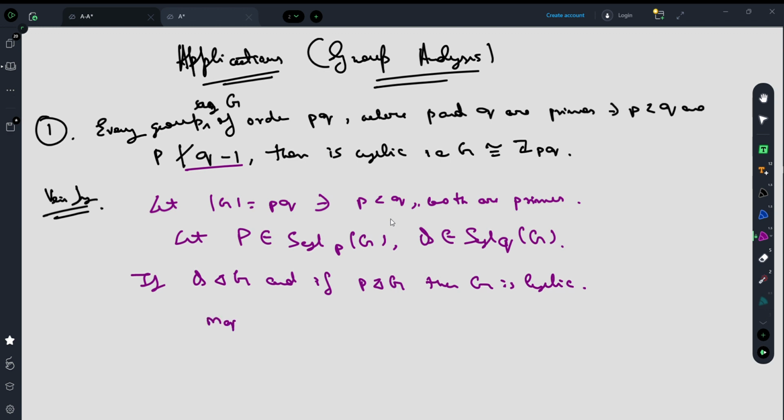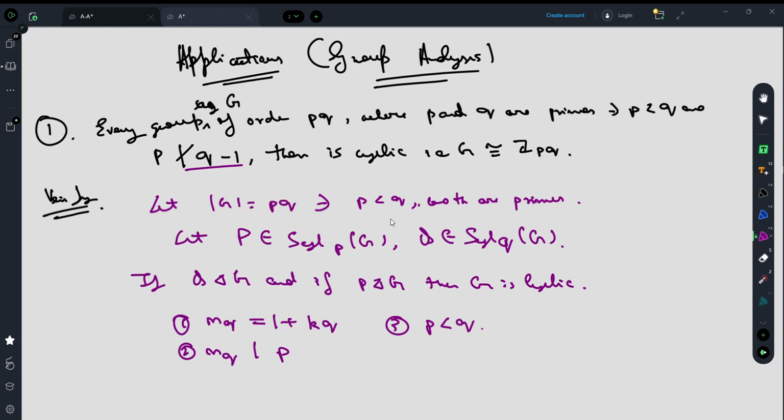Let's see what observations we have about the Sylow Q subgroup. What should be the number of Sylow Q subgroups? NQ is 1 plus KQ, and NQ must divide P from the third Sylow theorem.